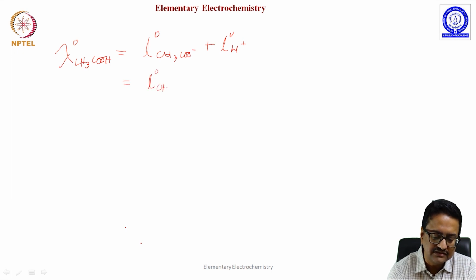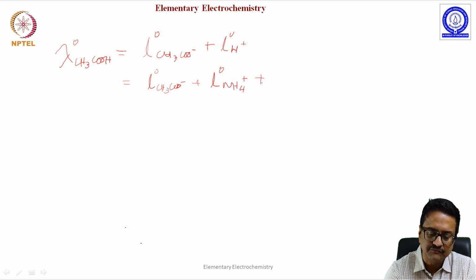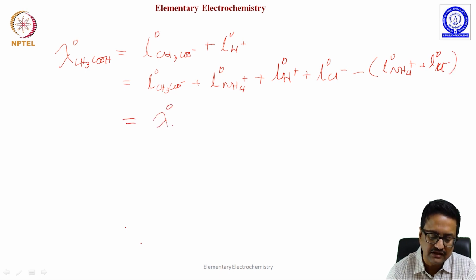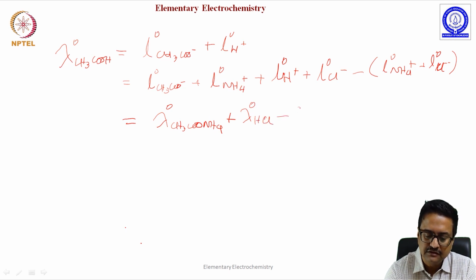So now one can write this as L0 for CH3COO minus plus L0 for NH4 plus, plus L0 for H plus plus L0 for Cl minus, minus L0 for NH4 plus, minus L0 for Cl minus, which essentially means you need lambda 0 for ammonium acetate plus lambda 0 for HCl minus lambda 0 for NH4Cl.